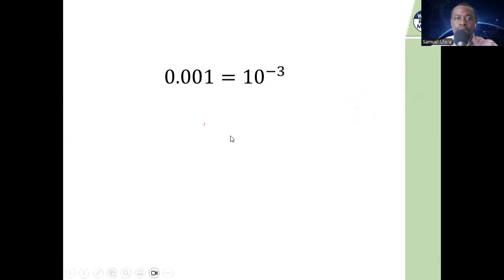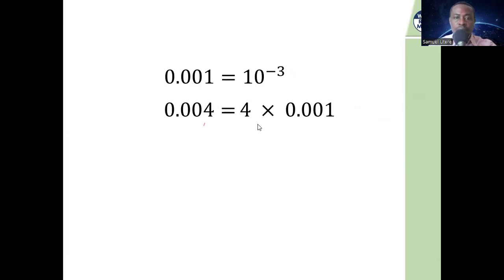Now, if that is the case, how would we write this number? Well, 0.004 is the same thing as 4 times 0.001. So I want you to really take note of this.